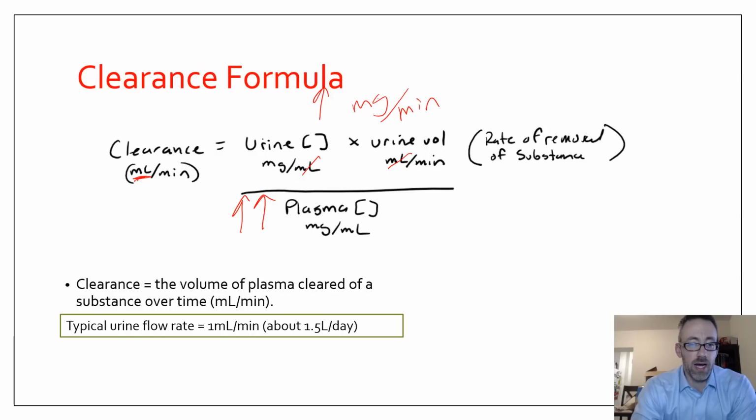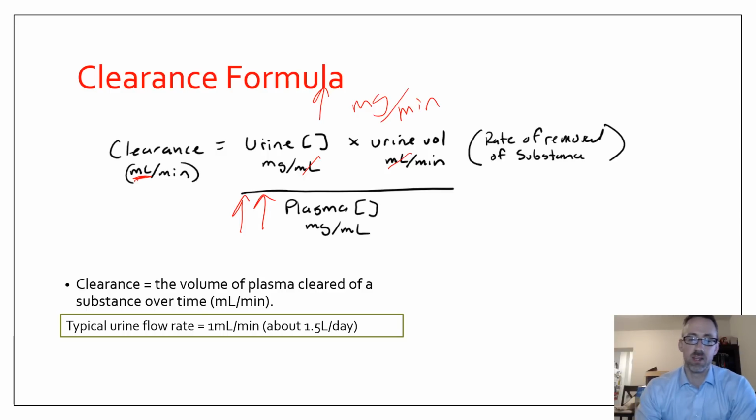I'm also reminding you here that a typical urine flow rate is about 1 milliliter per minute, which is about 1.5 liters per day. This would be the typical urine flow rate under normal physiologic conditions, for an average adult with average water intake, for example.